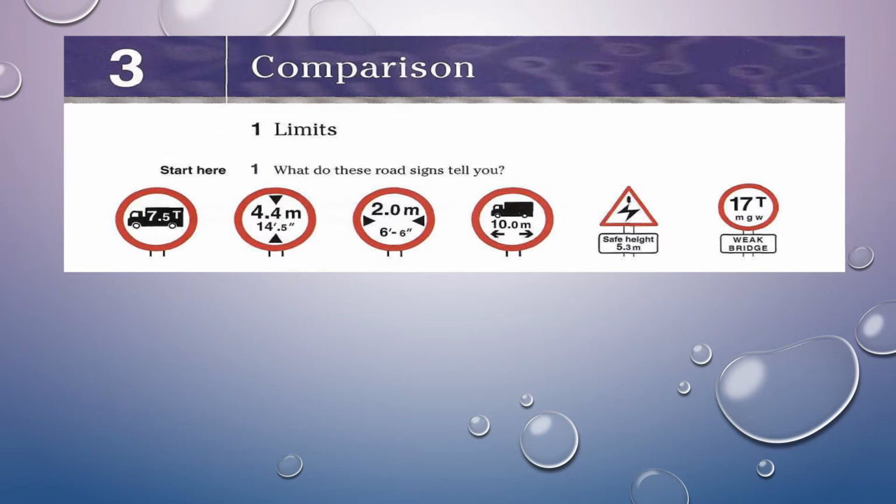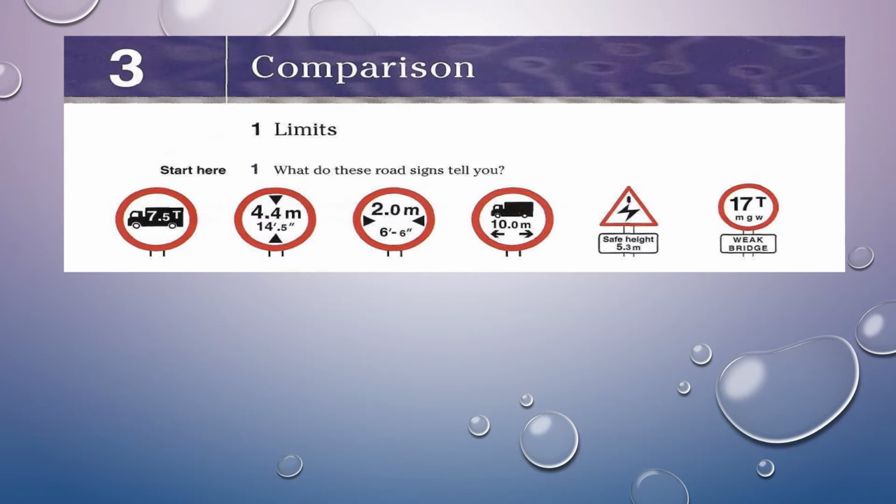Look here, 7.5 tons. This is tons, T for ton. Here, look at the sign here. Here there are small arrows from top to bottom. We have 4.4 meters. Here we have arrows, one on the right and one on the left.